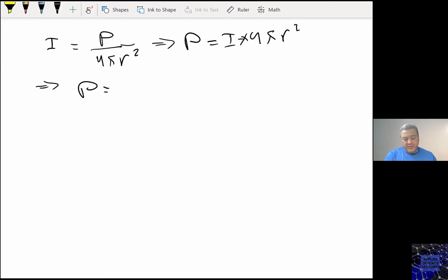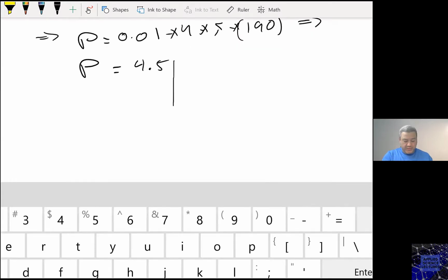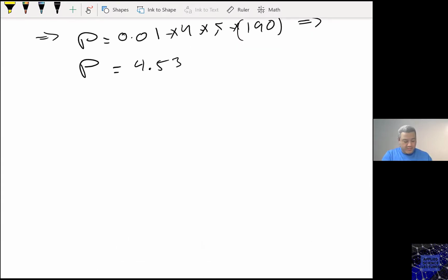So P equals I, the intensity level, 0.01, times 4 times pi times 190 squared, and then the power is 4.536 times 10 to the power 3 watts. So this is the power generated by the jet.